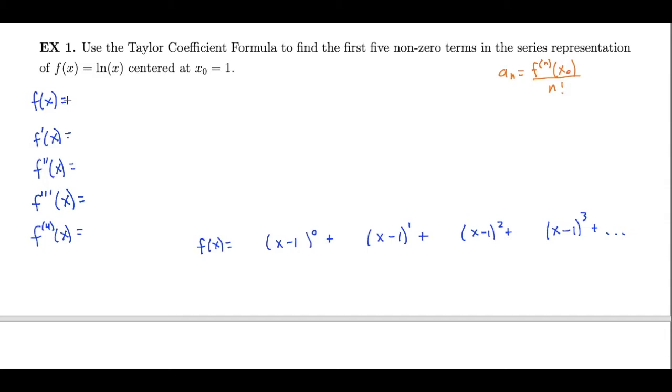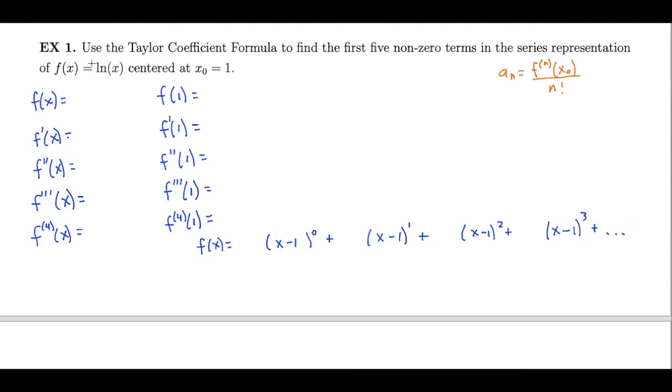Once I've evaluated those derivatives in terms of the general derivative, then as the formula requires, I'll plug in the center value into each of the derivatives. The numerical values that I get once I've plugged 1 into each of these derivatives isn't exactly my final coefficient. The last step is I'll need to divide by the appropriate factorial.